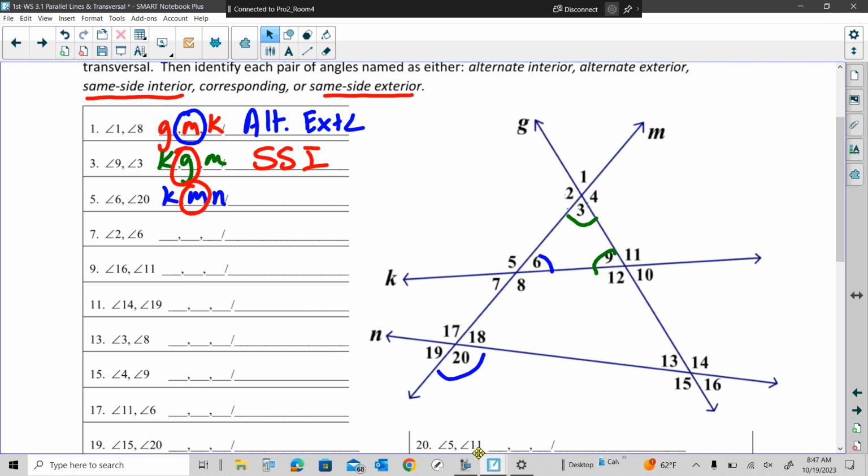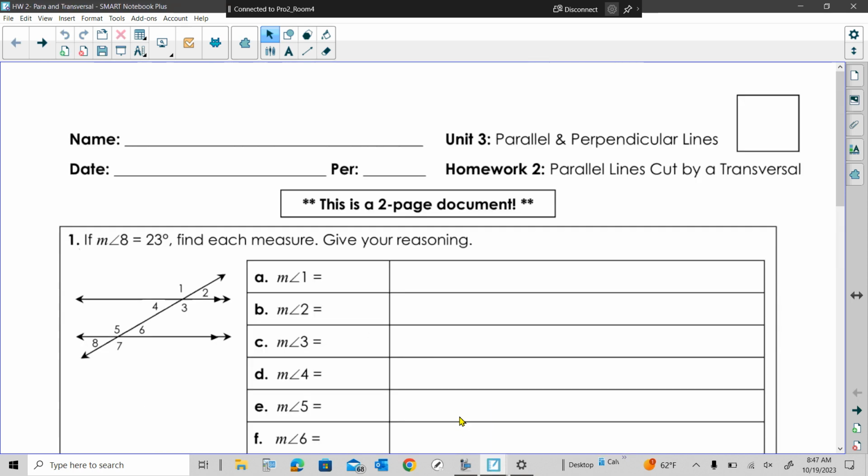If you're done with this sheet, then you're going to move to homework 2. Only the front is going to be checked tomorrow. The back is the algebra. Homework 2 is very similar to the extra examples we did. Each section goes with example 3 and then example 4.